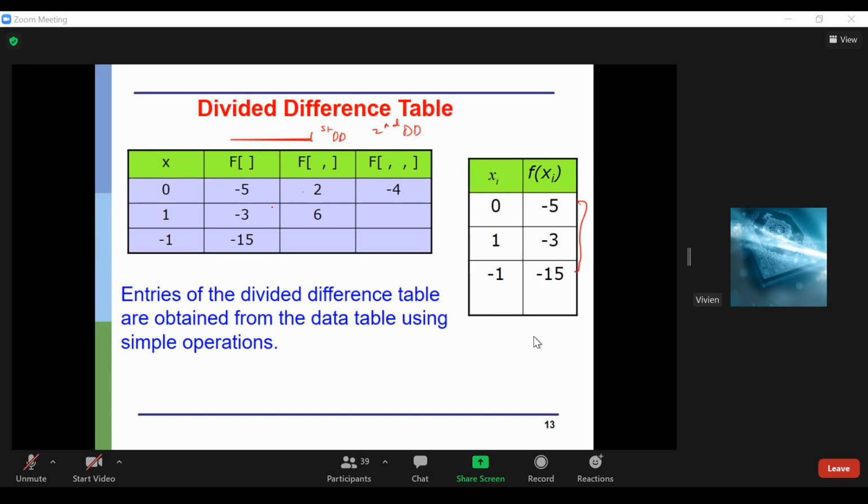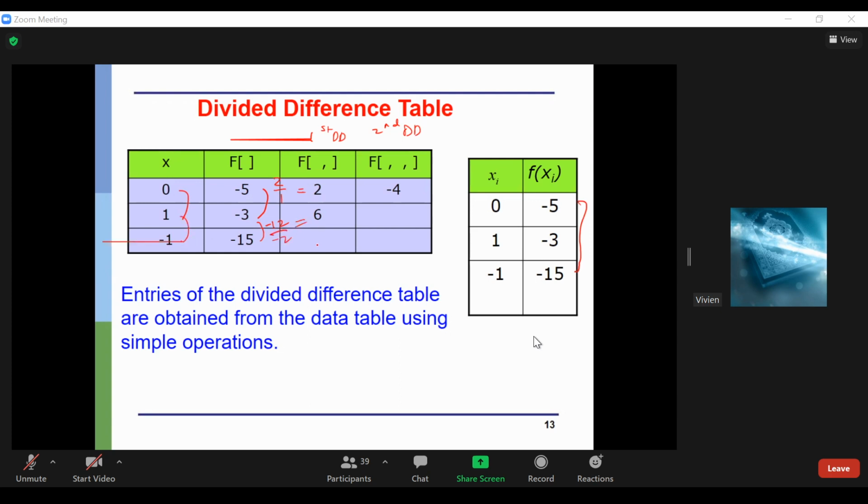So 2 is obtained from minus 3 minus 5, so that will be minus 3 plus 5, that will be 2, divided by 1 minus 0, so 1, so that will be equal to 2. 6 is obtained from minus 15 minus 3, so minus 15 plus 3, that will be minus 12, divided by minus 1 minus 1, so minus 2.